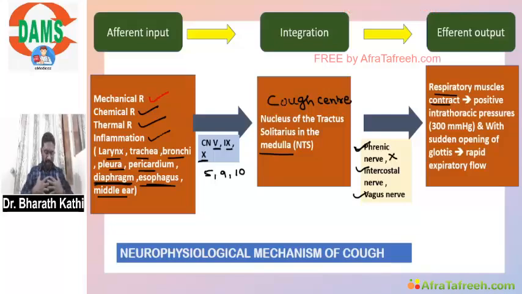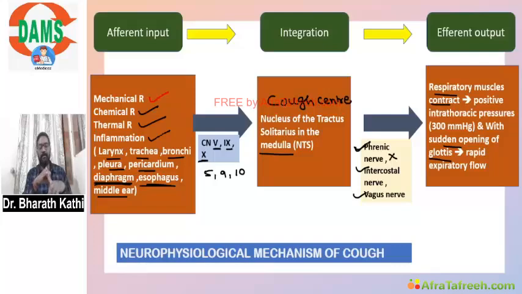So once this area is compressed or contracted, there will be more pressure within the thoracic cavity. And once there is huge pressure, there can be sudden opening of the glottis. Once there is sudden opening of the glottis, all this air which has been preserved at that high pressure will rapidly expel out. So this is the precise mechanism of cough.